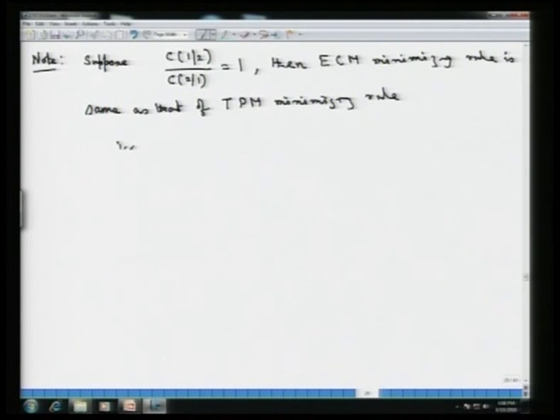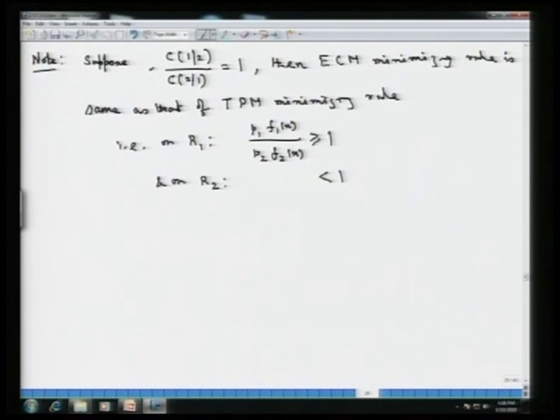That is, if this holds, then on R1 we will have P1 times F1x by P2 times F2x greater than or equal to 1, and on R2 we will have this term less than 1, right. So, this is what we have.